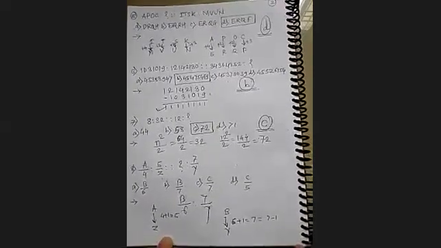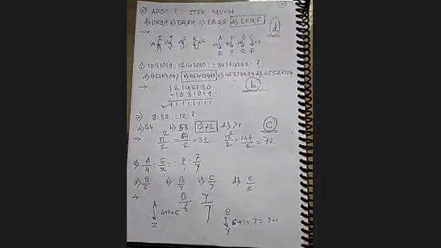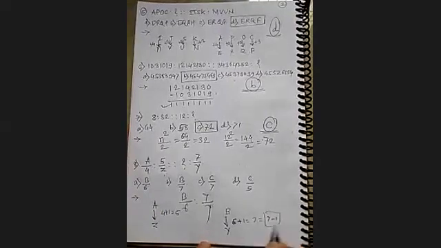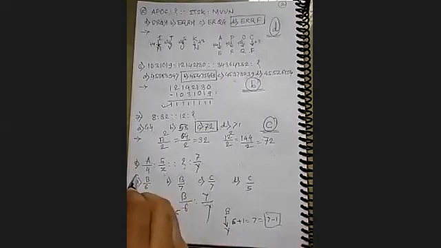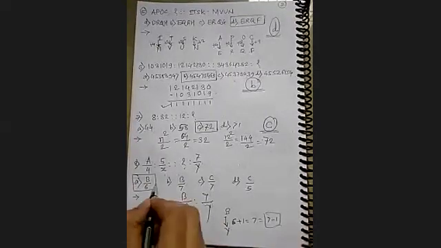That is the case which we can consider. And therefore your answer is B by 6, that is option A.